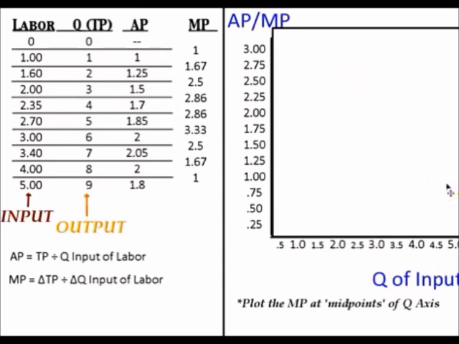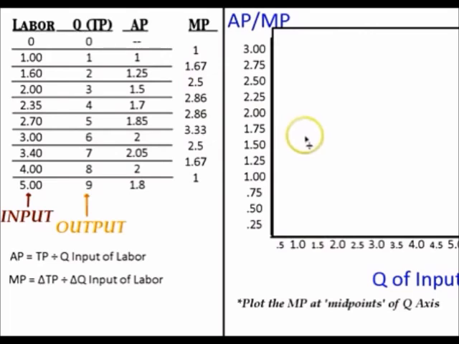Marginal product, however, you want to plot at the midpoints of the quantity axis. So the quantity axis is the labor. So between 0 and 1, which is 0.5, you plot the point 1. So at 0.5, 1. Between 1 and 1.6, about halfway in between, you plot the number 1.67, which would go up here.